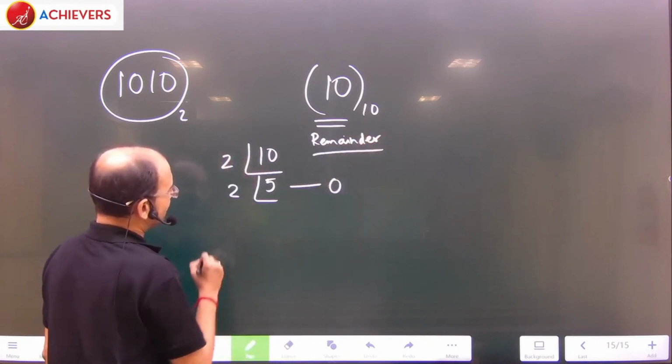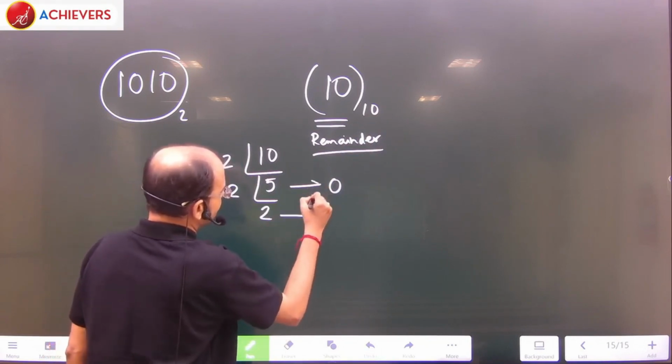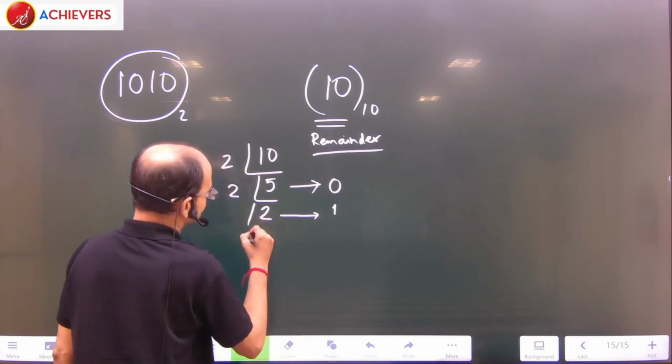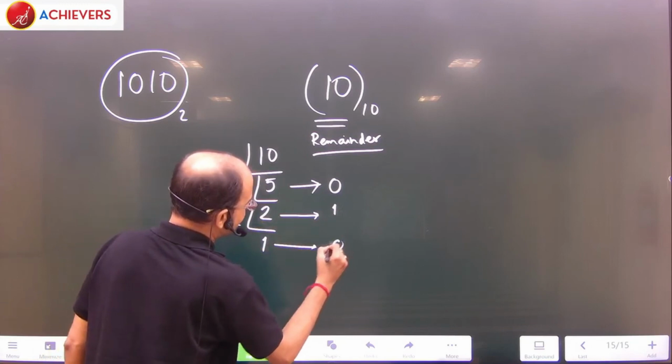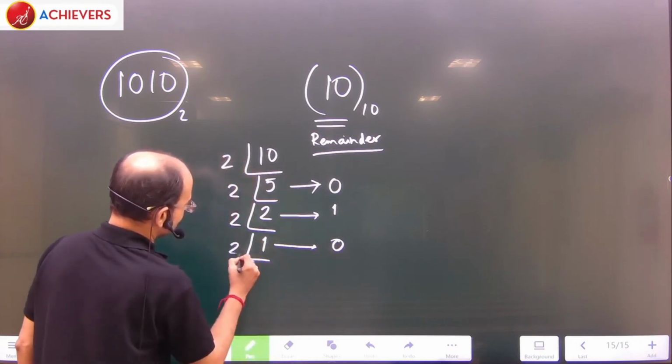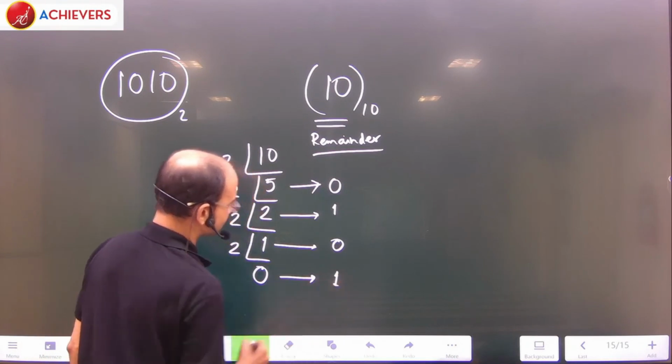Again we divide it by 2. 2 2s are 4. Remainder is 1. 2 1s are 2. Remainder is 0. 2 zeros are 0. Remainder is 1.